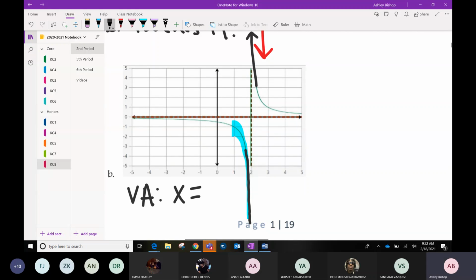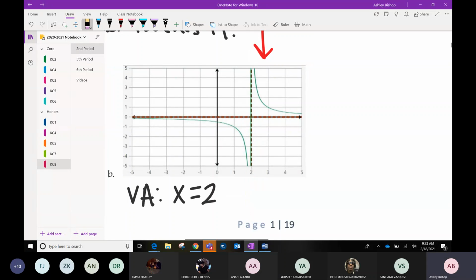Two. Sorry, I didn't see your chat till now, but yes, x equals 2. This is closely approaching 2, but it's never actually going to touch it. If you're wondering how I knew, there's a 2 right here. That's where that point is. And it's the same thing on this part of the graph. It's closely approaching there, but it's not going to touch it.